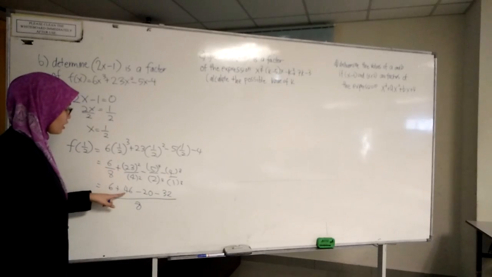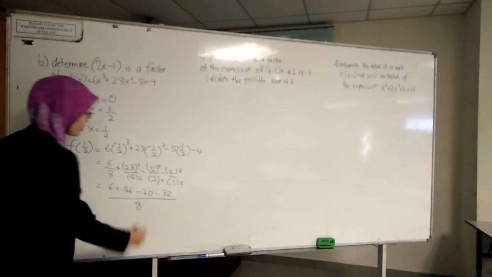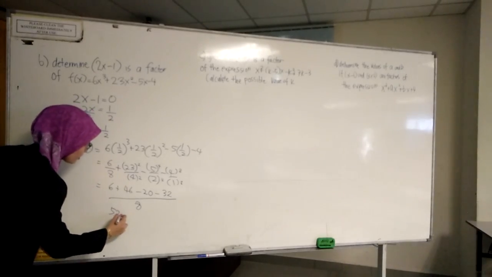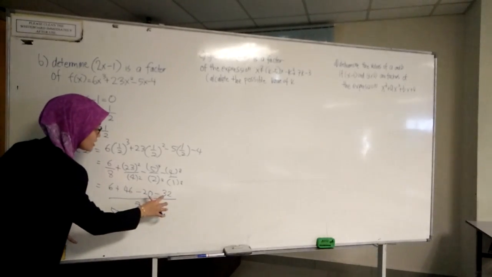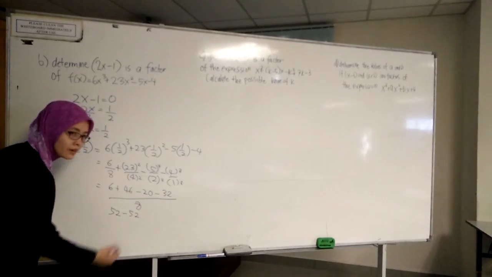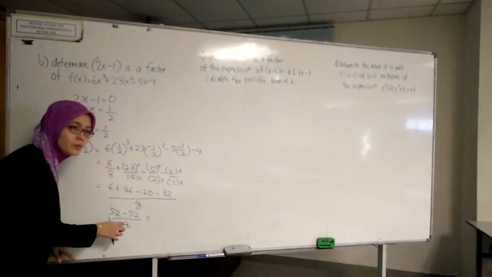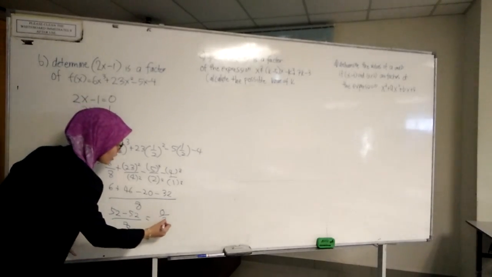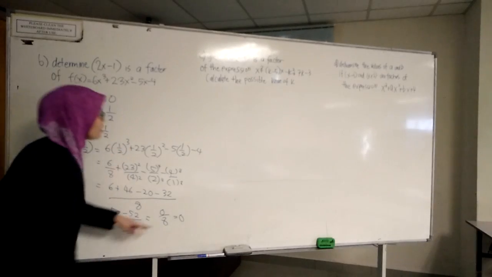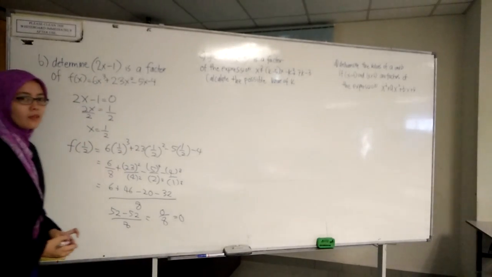Okay, now 46 plus 6 is 52. Okay, negative 20 minus 32. Isn't it? Okay, so 52 minus 52 will be 0. 0/8 is 0. So this is a factor of the polynomial.